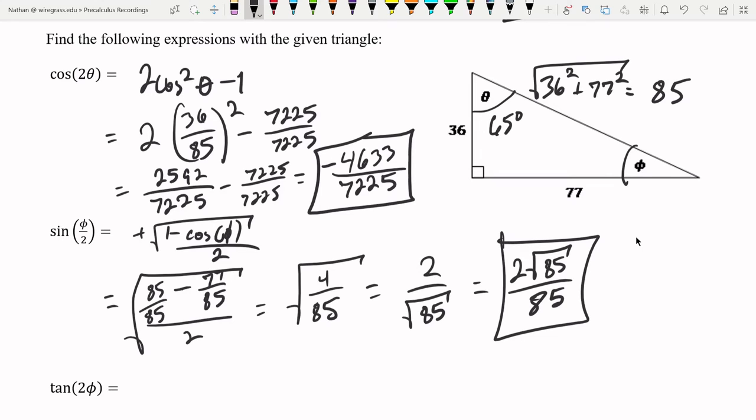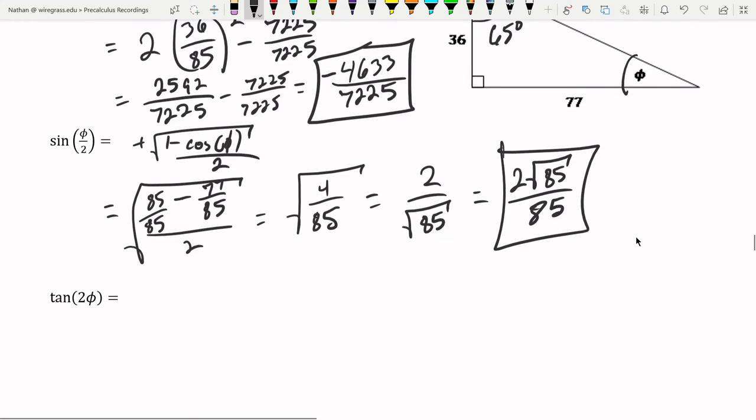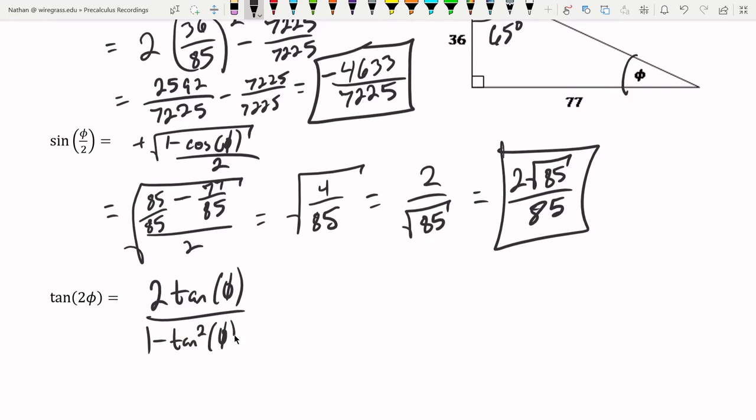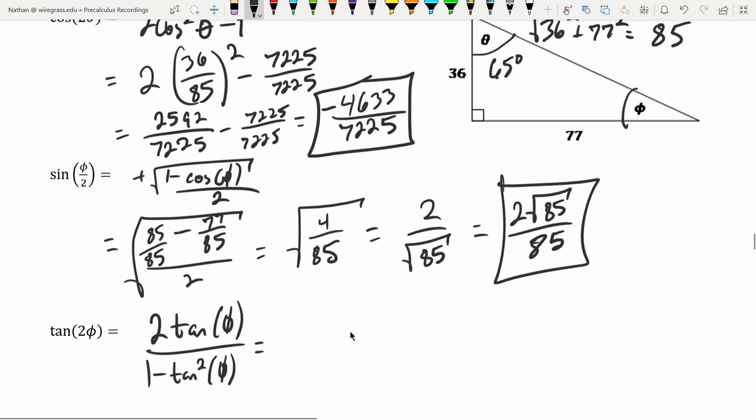Okay, tangent of 2 phi. So tangent of 2 phi is going to be 2 tangent of phi over 1 minus tangent squared of phi. So tangent of phi is going to be, let's see, opposite over adjacent. So opposite's 36, adjacent 77.